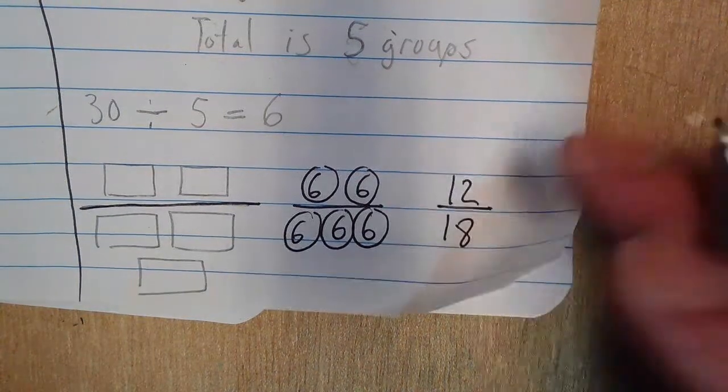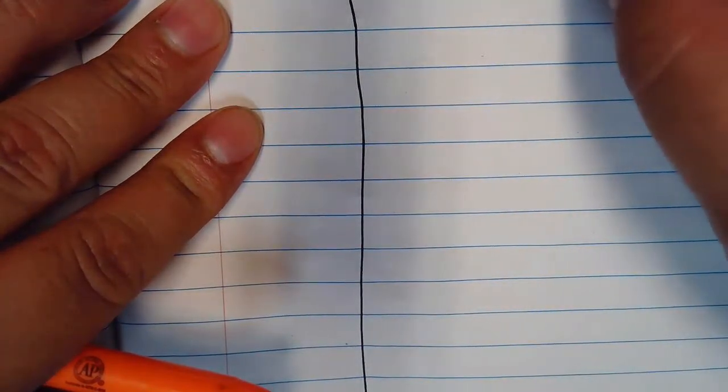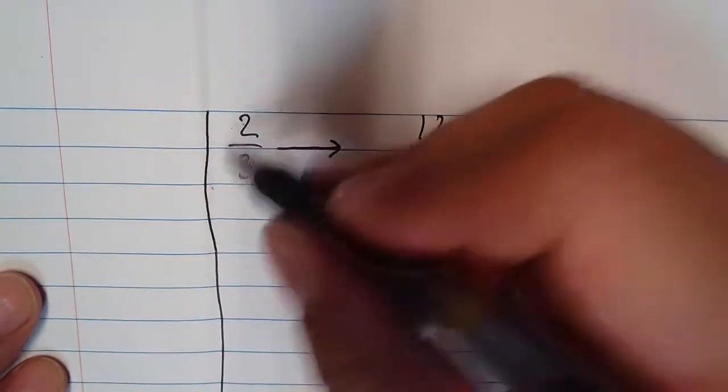Now, let me go to the next page because I need to show you this last step for this problem. We went from 2 to 3 to 12 to 18. Now, if you notice, with this ratio that I wrote, 2 to 3, that's 2 flowers in the front, or 3 flowers down here, top, bottom.